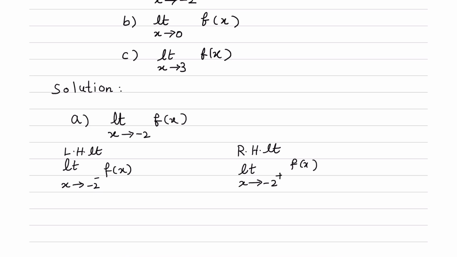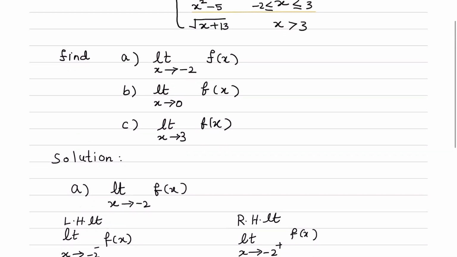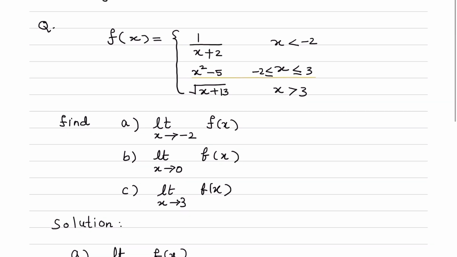So to find the left hand limit, since x is approaching -2 from the left, x is on the left of -2, so it means that x is less than -2. Now let's look at the original function f of x. For x less than -2, the function is 1 over x plus 2.